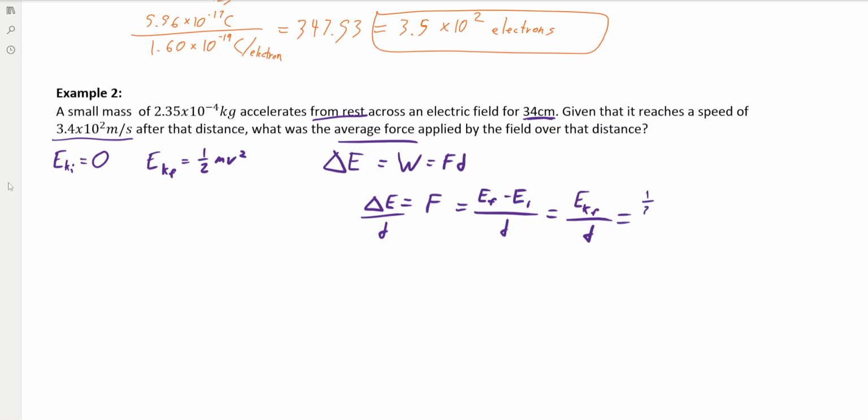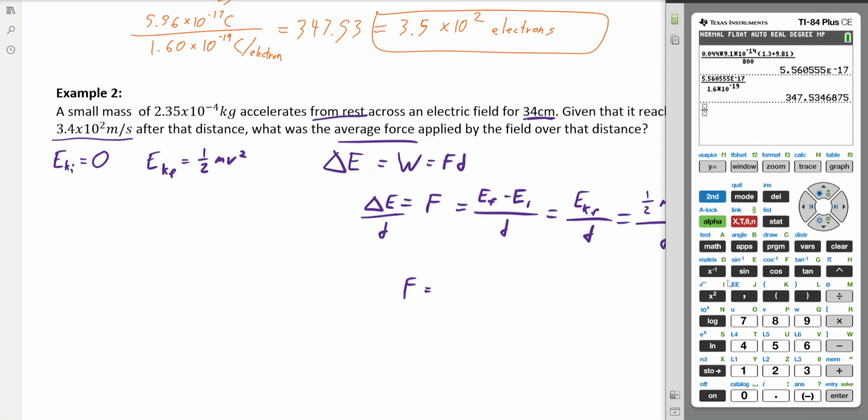So that's a half mvf squared over D. So F equals, and we're going to have another one, so a half m, which was 2.35 times 10 to the exponent negative 4, times v, which is 3.4 times 10 to the exponent 2, but it's v squared, so actually like that, and then divided by the distance, which was 34 centimeters, so 0.34.